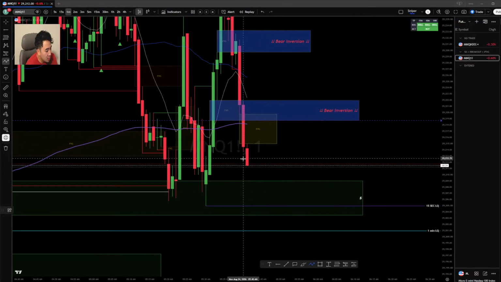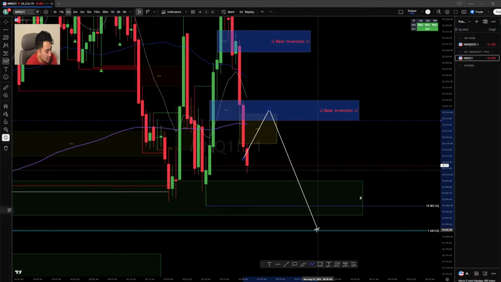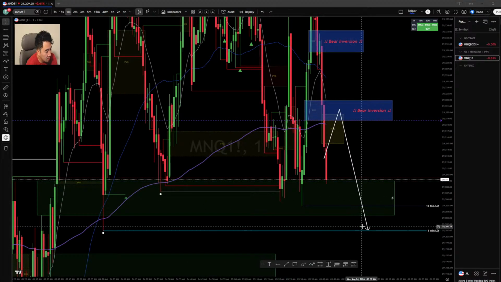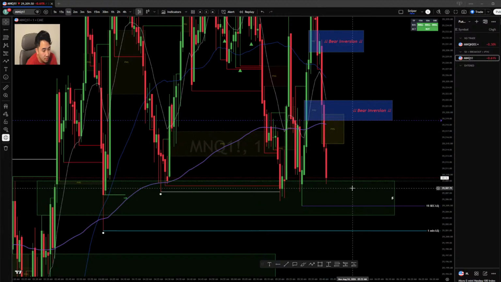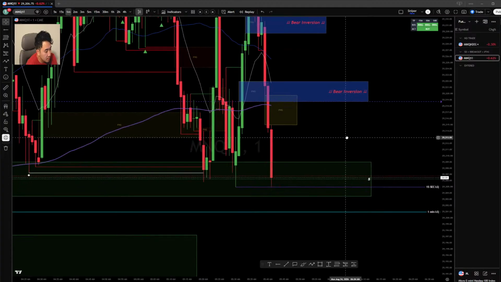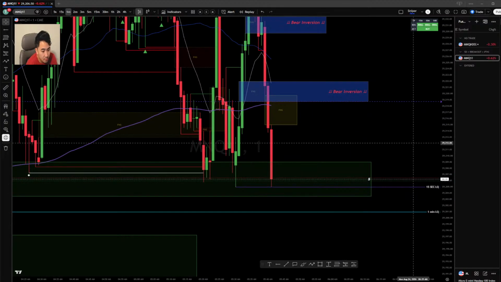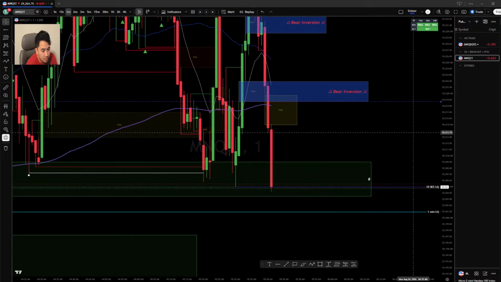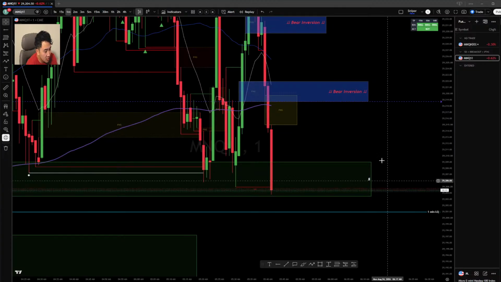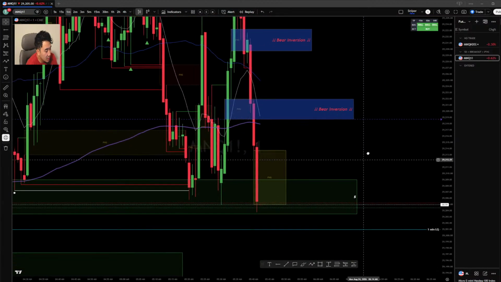If we get a pullback here and price respects that zone, this is what we're looking for. So we could target that. Took out this 15-second liquidity.